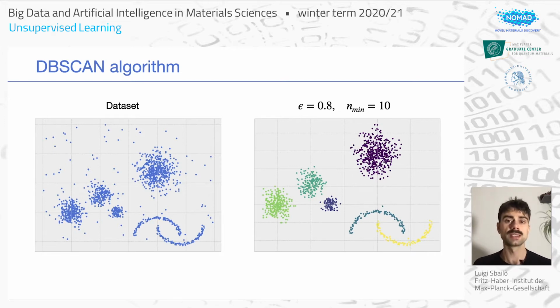We fixed at least 10 points as the minimum number of neighbors for the core points, and the radius epsilon is equal to 0.8. We can detect the 6 clusters, including the half moons, and we are able to isolate noise.